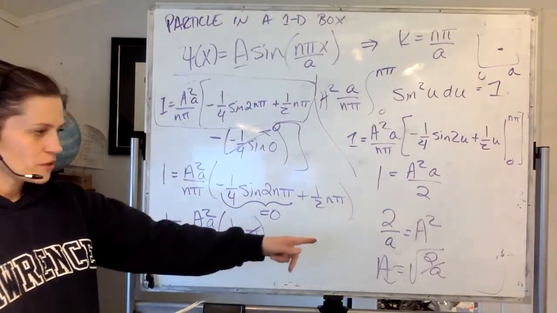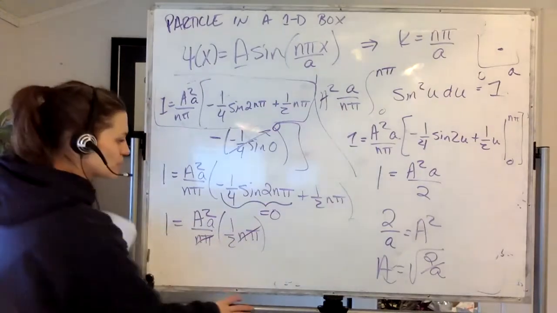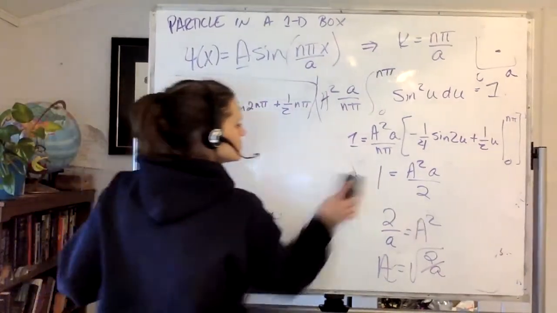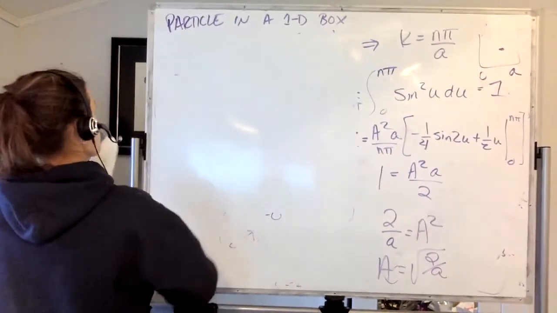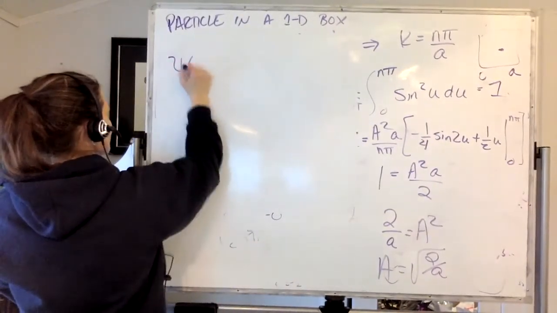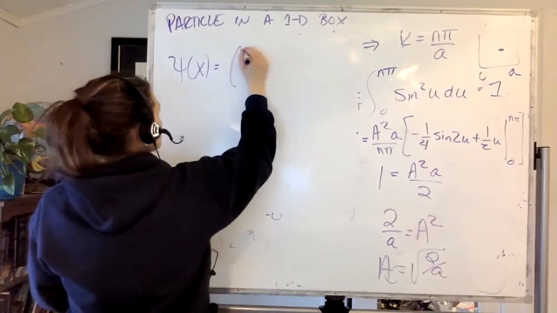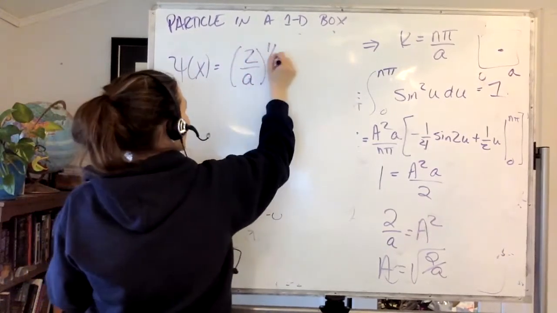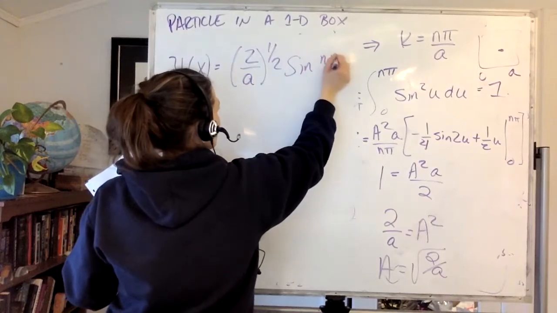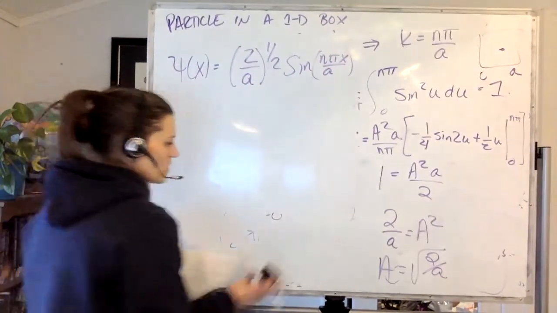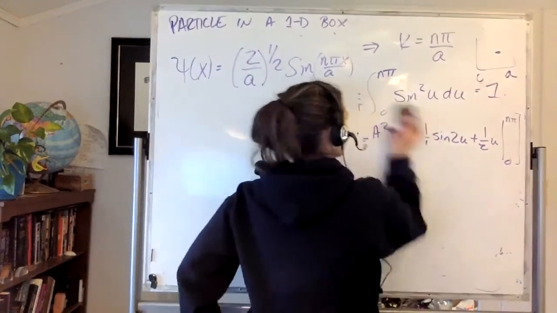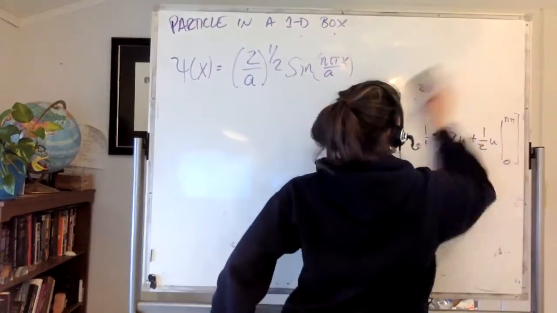But let's put that back into our equation and talk about what that means. So psi of x is equal to 2 over a to the 1/2 times sine n pi x over a. Go team. This is the normalized wave function for the particle in a box.